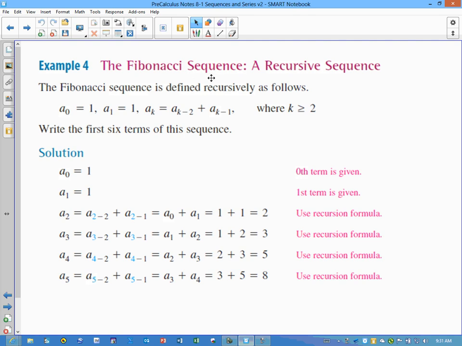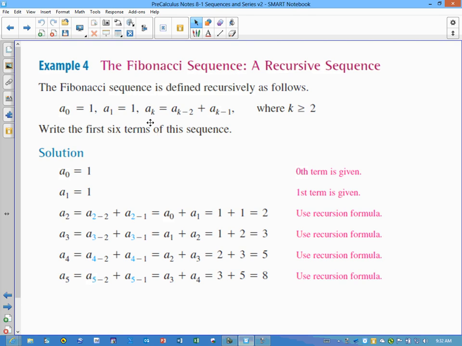The Fibonacci sequence, which is one of the most famous sequences, we're going to talk a lot about it later, actually. It starts out with a sub 0 being 1, a sub 1 being 1, and these are called the seeds. And then from there, the recursive rule says to get any term, you simply add the two previous terms.